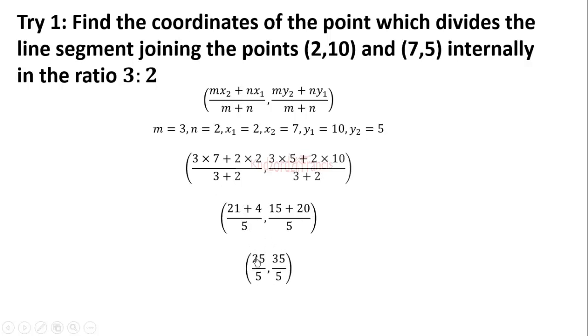So this will give you 25 over 5 and 35 over 5. When we simplify, we obtain (5, 7). So the point which divides the line segment joining (2, 10) and (7, 5) in the ratio 3:2 internally is (5, 7).